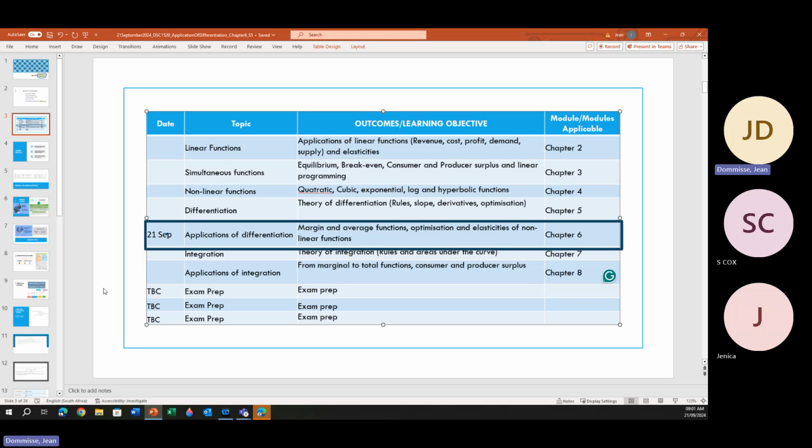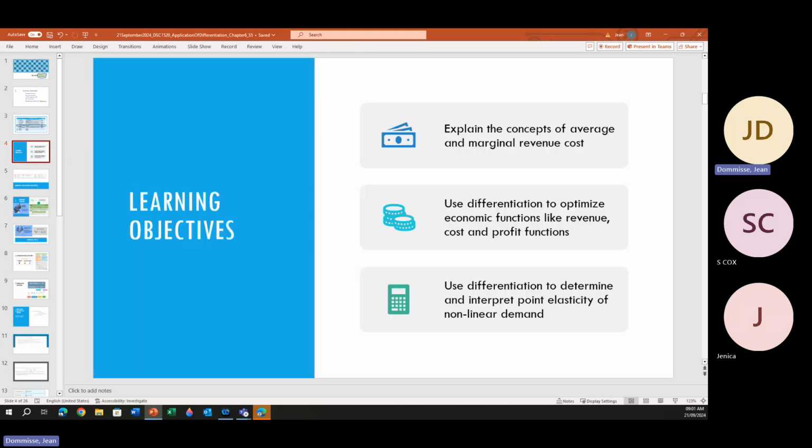Okay, so in today's session we basically continue where we left off last week, and that is we looked at all the differentiation rules, but now, as when we looked at the linear lines, we're now bringing in something with the differentiation component as well.